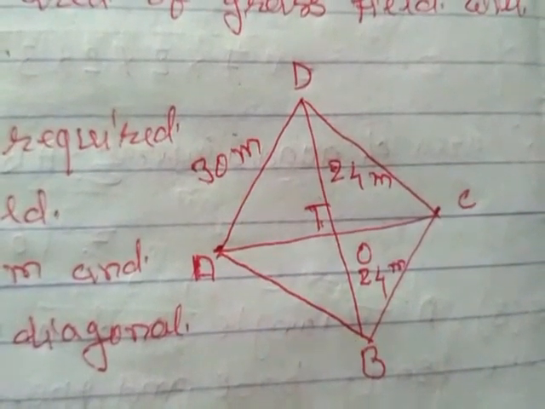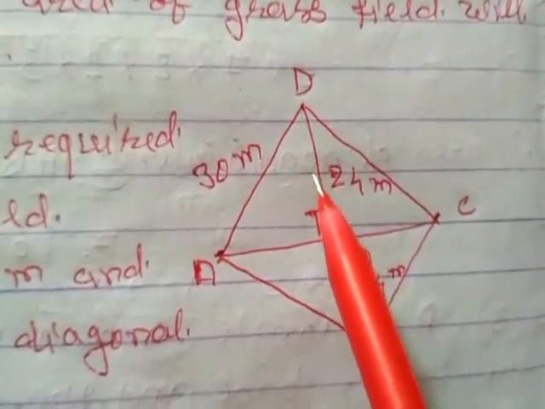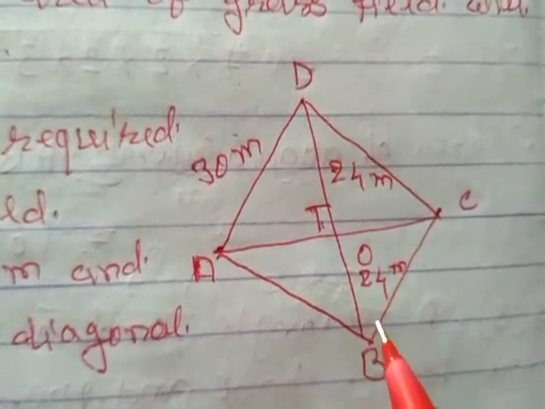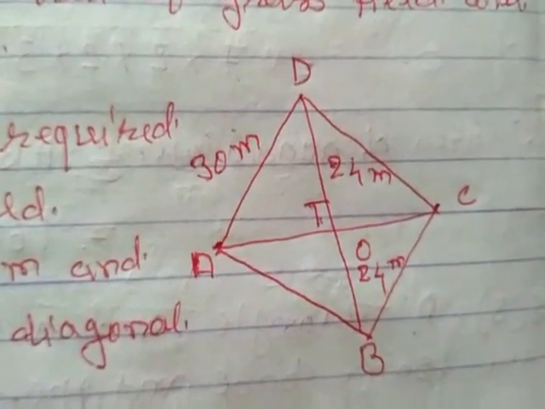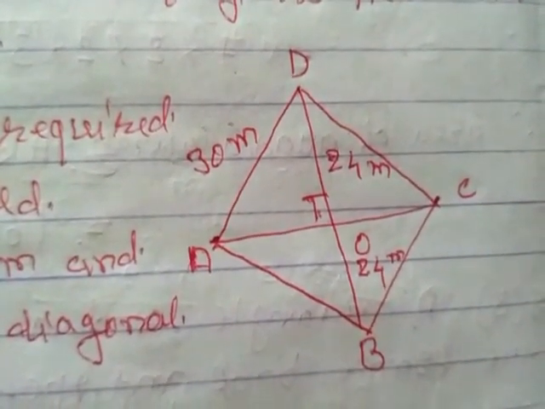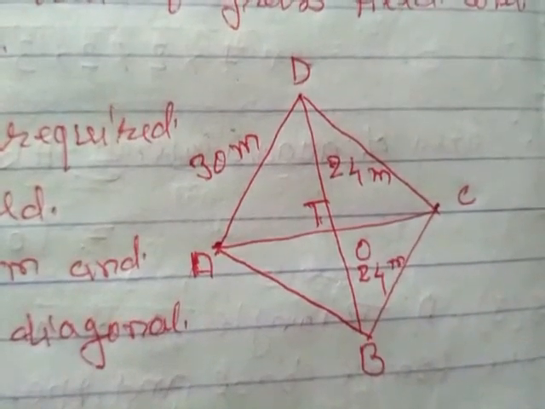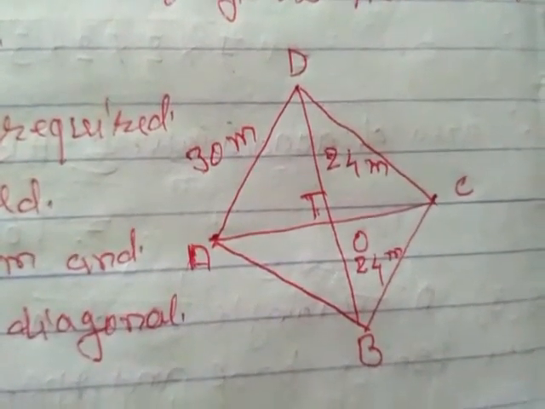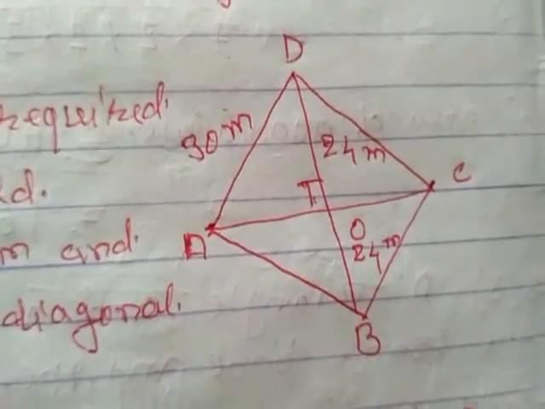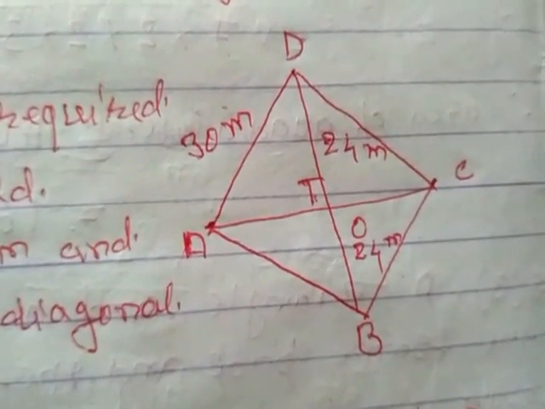Now you are supposed to calculate the area of this rhombus shaped field first, and thereafter find the area that each cow can graze.